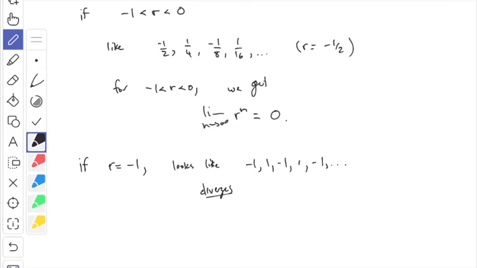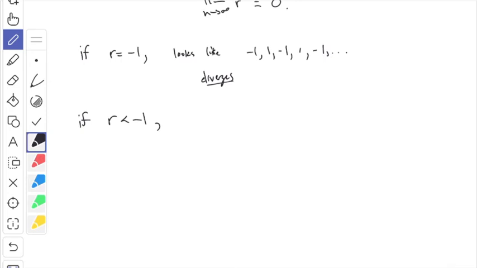And then what about if r is negative, but further to the left than -1? What do you think? For example, if r is -2, then the sequence would look like -2, and then -2 squared would be +4, and then -2 cubed would be -8. This is what it looks like for a negative number bigger than 1 in magnitude.